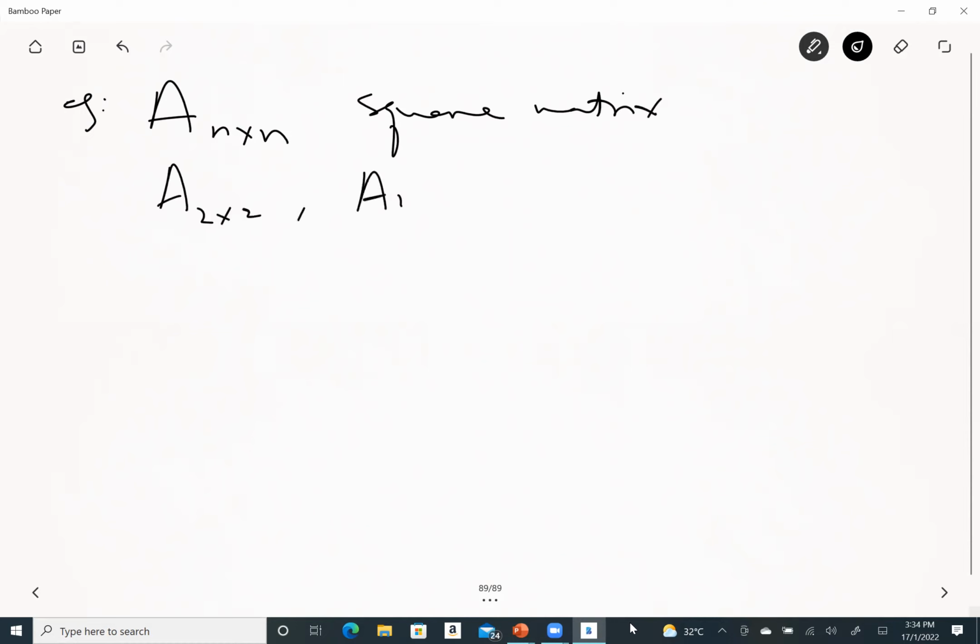So example, in general form, it would be A n by n. So the number of the rows equals the number of the columns. Example is 2 by 2 or 3 by 3. So these are square matrices. Example, say A equal to 1, 2, 4, 0. So that is a square matrix.